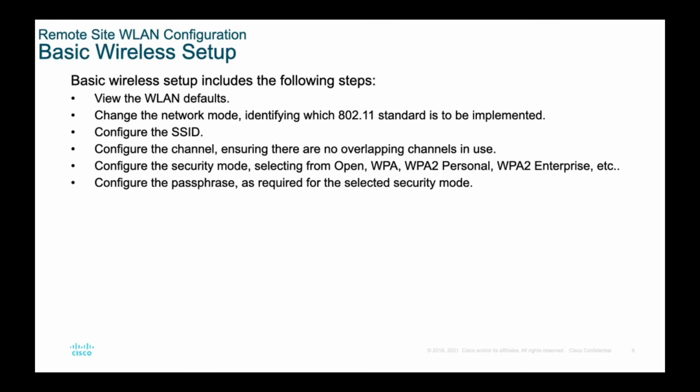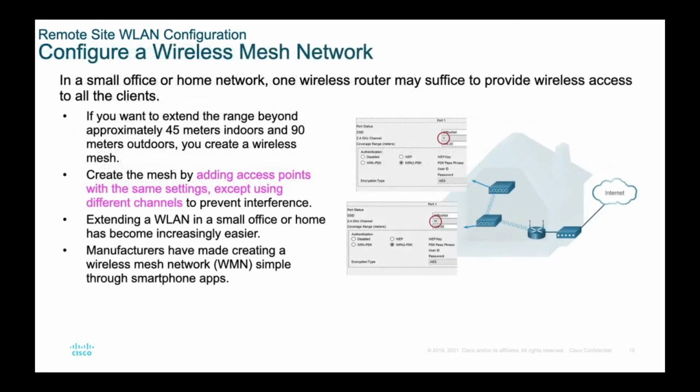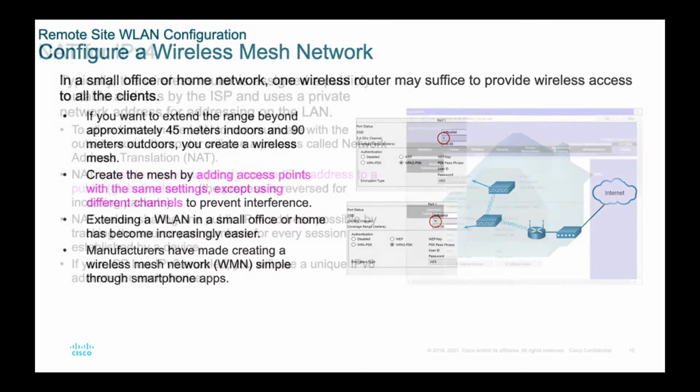Configure the security mode, either WPA, WPA2 Personal or WPA2 Enterprise. And if you select any security mode, you need to pick a password, or a username and password, and so on. And sometimes, like I said earlier, to cover a remote site that isn't covered by the current wireless router, we extend by including a new access point. We have done this inside our Packet Tracer activity, so I'm not going to explain it in detail.